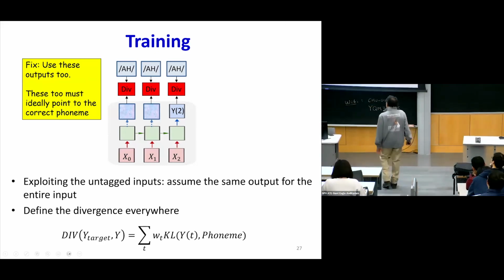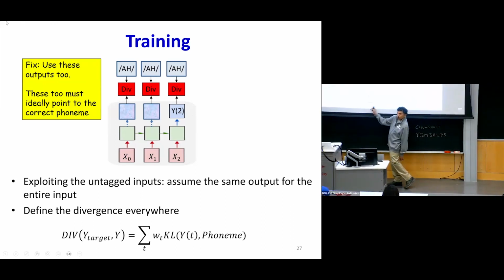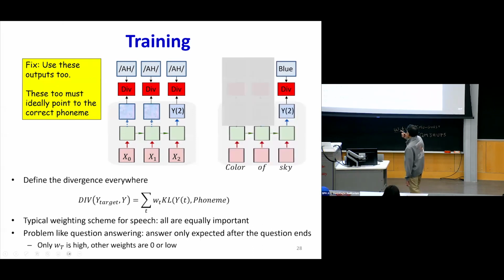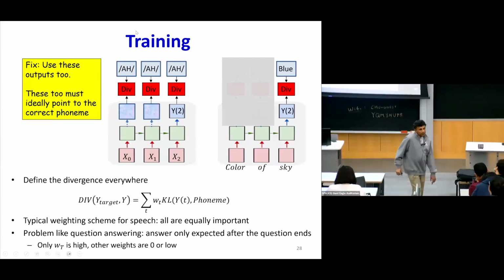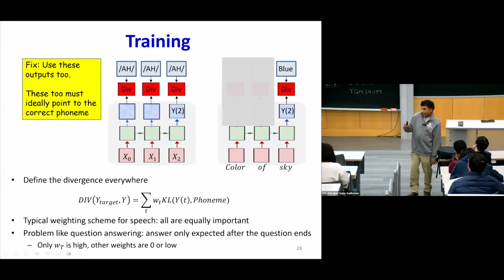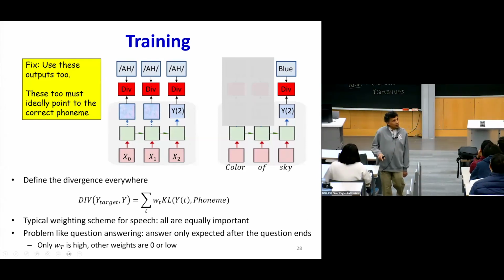And just to make things generic, instead of saying that it's simply the sum of the divergences at each time, I'm going to call it the weighted sum of the divergences at each time. And you can choose your weights. So for example, if you were performing speech recognition and trying to classify the phoneme R, then at every single time, the phoneme R is still the phoneme R. So all the weights are going to be 1, or at least they're going to be equal, right?